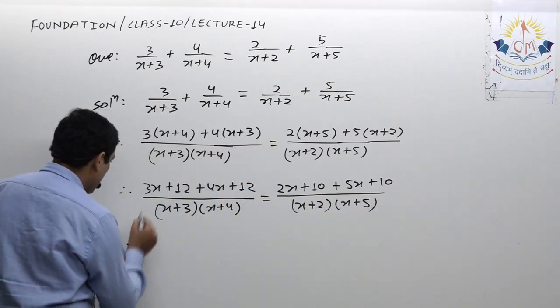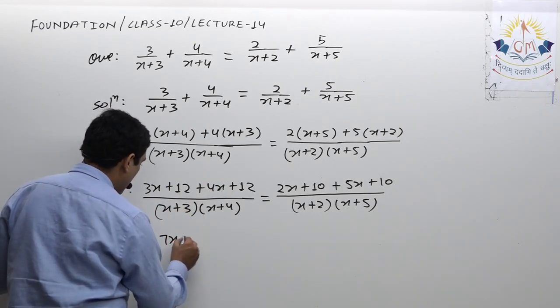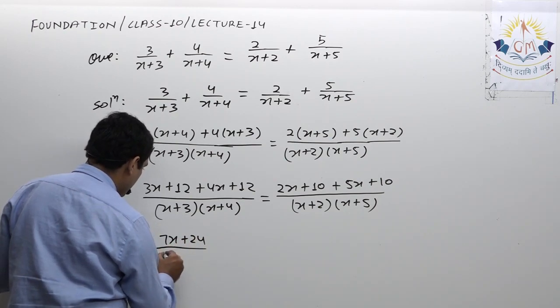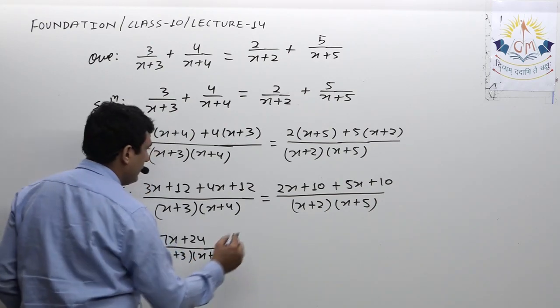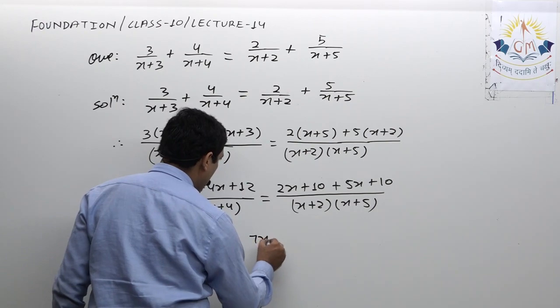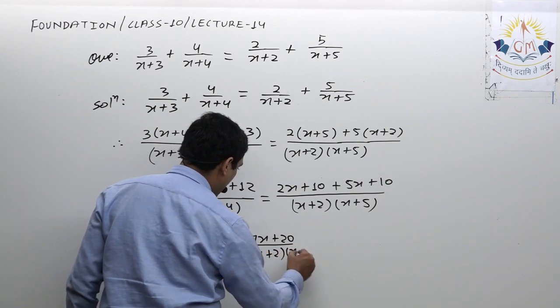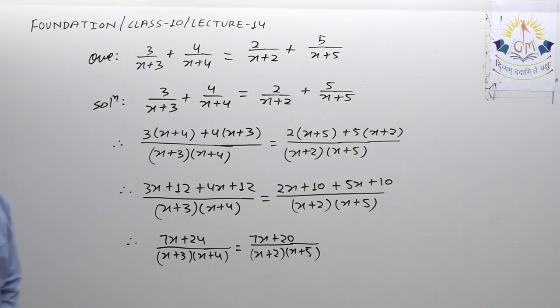So over here in the numerator I have 7x plus 24 upon x plus 3, x plus 4. Over here I have 7x plus 20 upon x plus 2, x plus 5. Okay, so note it down up to this point. See how to solve it further.